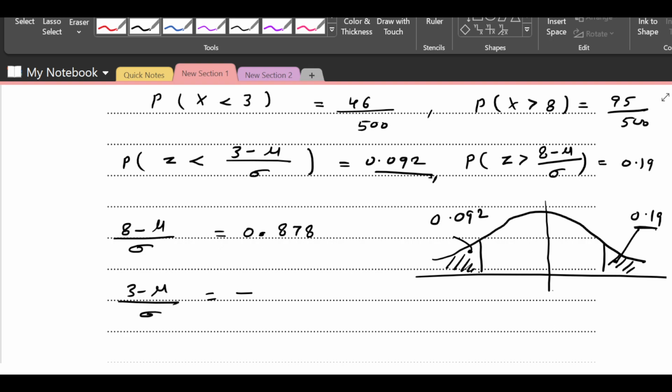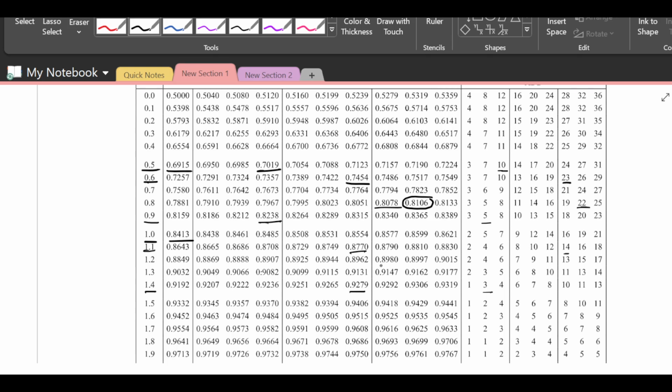Now 0.908, I will look it up in the table. Hmm, what happened?